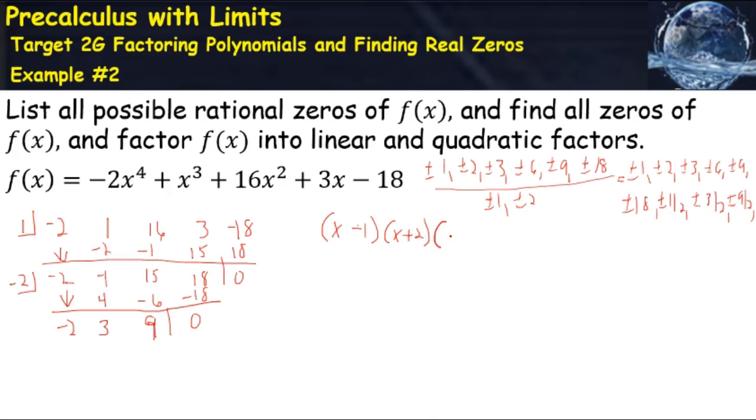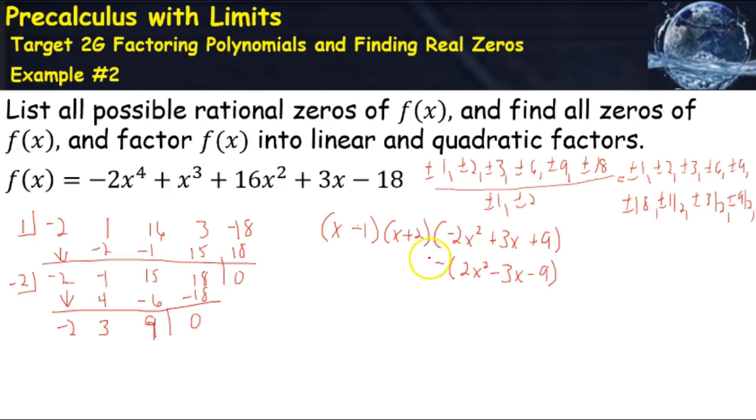And then finally, I have negative 2x squared, because of that, plus 3x plus 9. And then if you can factor it this way, that's really good for you. The problem is I cannot. That negative screws me up. So when I factor that out, I get 2x squared minus 3x minus 9.